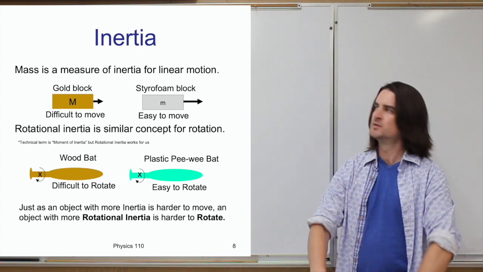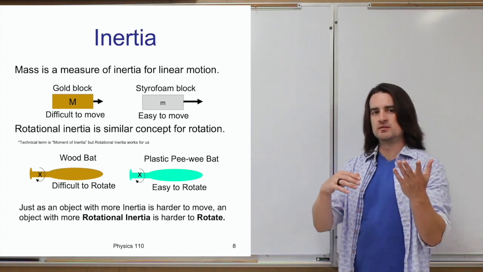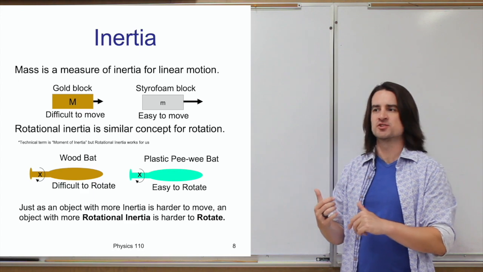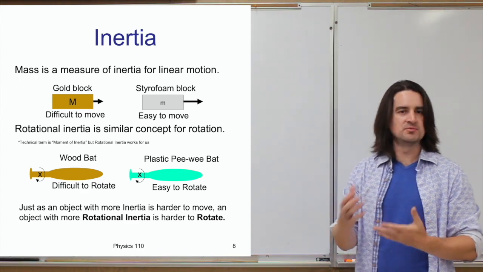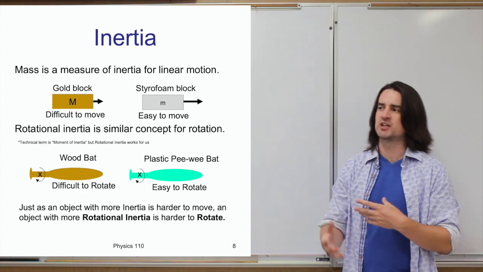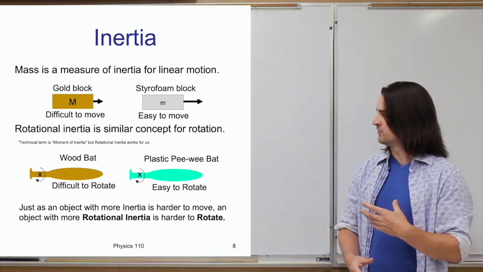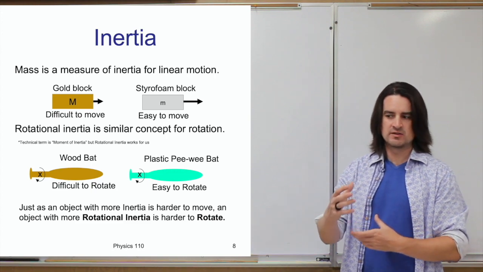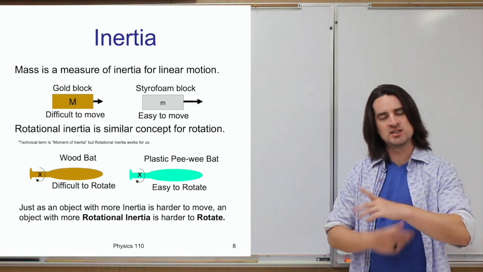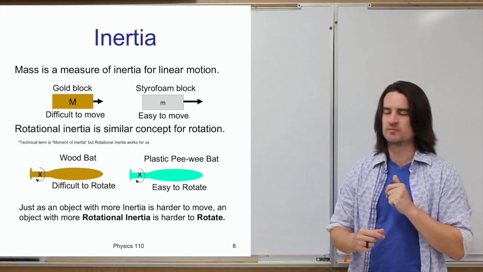So then in rotational motion, there's essentially the analogous property for objects when they're rotating or when they're going to rotate, that they resist that rotation. They don't want to get rotating, they don't want to stop rotating once they're rotating.